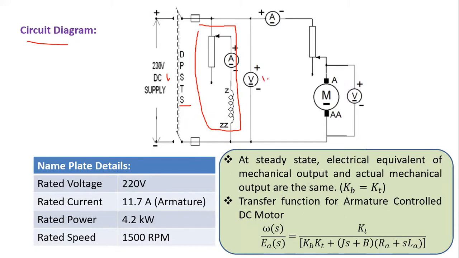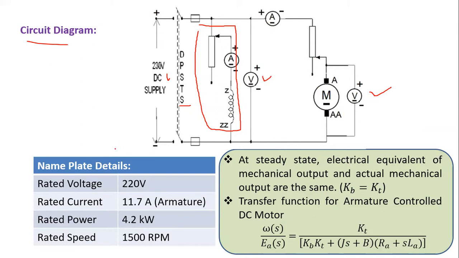Here the voltmeter across the source measures the voltage, and one more ammeter is connected, and this is the armature rheostat. The armature rheostat is given to the armature circuit. So this is the armature circuit, and here the voltmeter measures the voltage across the armature. This is the circuit diagram.